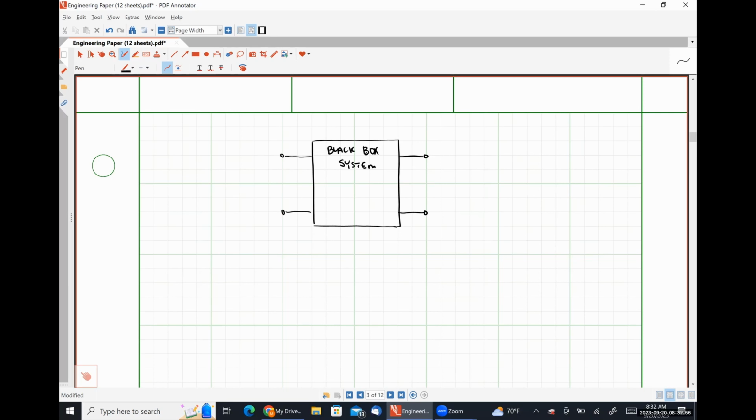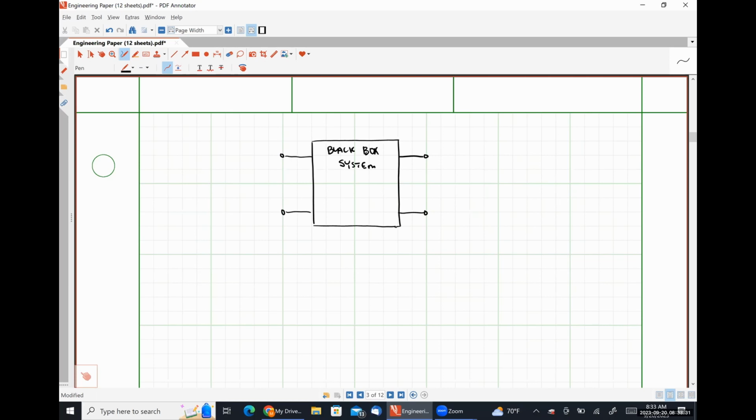For a circuit, our inputs would be voltage sources, current sources, and things like that, and the outputs that we're measuring are voltages and currents elsewhere in the circuit. For a mechanical system, like an accelerometer, the input of the system would be acceleration. The output would be the displacement of the mass or something like that that you can measure. Okay, practically any system can be thought of in this particular form.